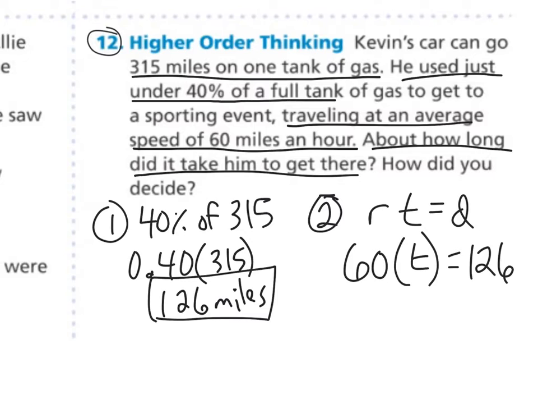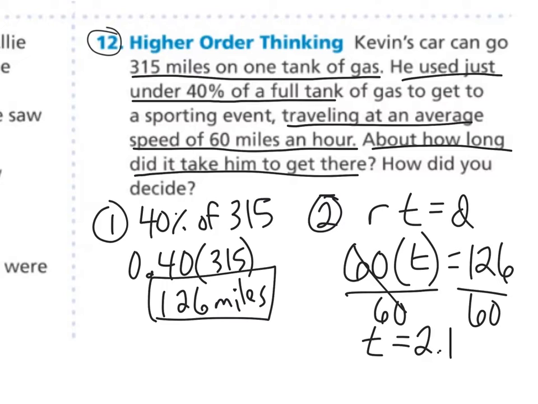So to solve for t, we can see they're multiplying, so we would need to divide by 60. Kind of makes sense. We're seeing how many 60s there are in 126. If you divide that out, you get 2.1, which would mean 2 1/10 hours that it would have taken for him to get there.